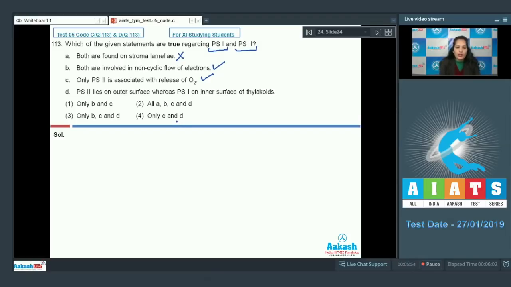Hence, it is only associated with the release of oxygen. D. PS2 lies on outer surface whereas PS1 on inner surface. No, PS2 lies on the inner surface whereas PS1 on the outer surface of the thylakoid. So this is also incorrect. So the correct option for the given question is option number 1. Let's move on to the next question.